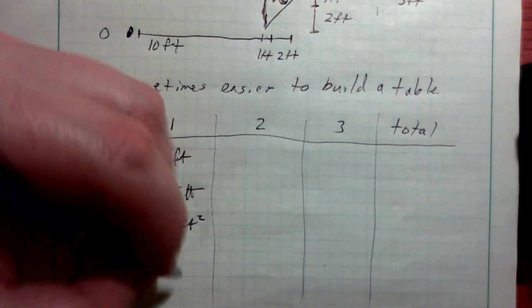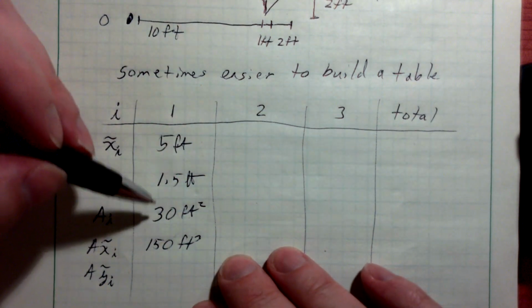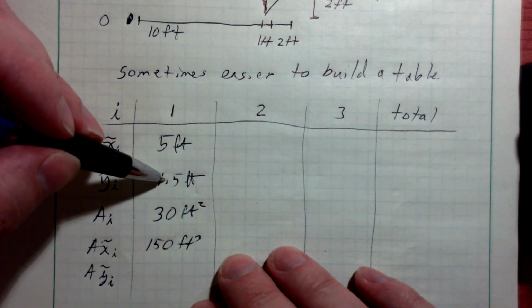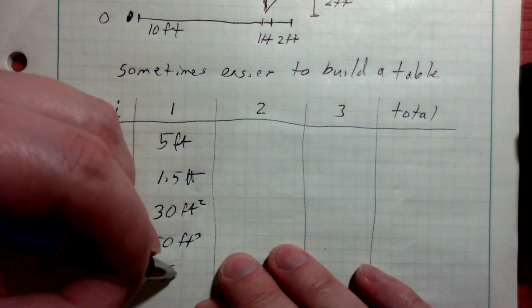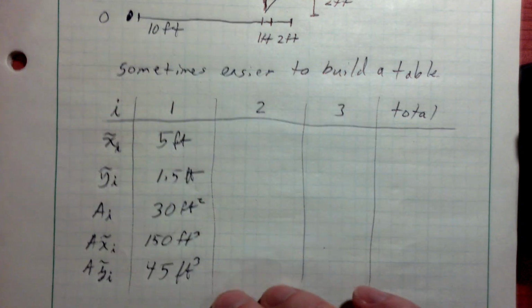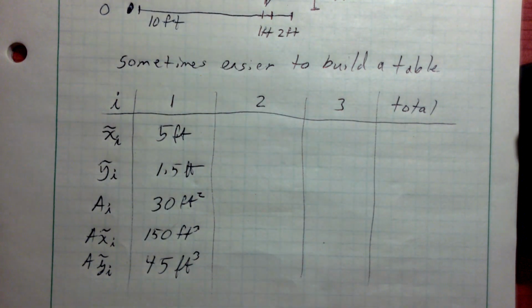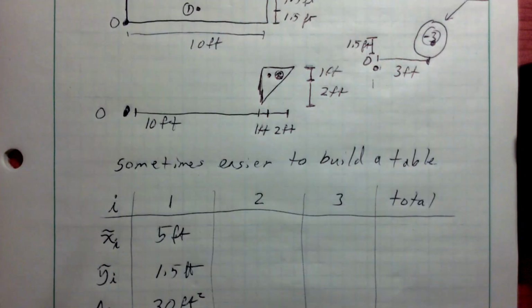I've got feet squared times feet. That is feet cubed. I've got the area times this y location. So that's 30 times 1.5. Well, if my math's good, and it's normally okay, that's going to be 45 cubic feet. Feel free to double check that. I didn't just do that in my head. And then we can do the other shapes.